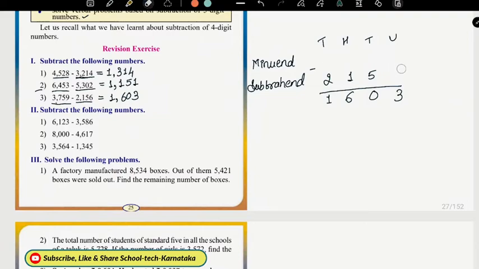Now let's move on to our second question, our second exercise. We have minuend 6123 and our subtrahend 3586.